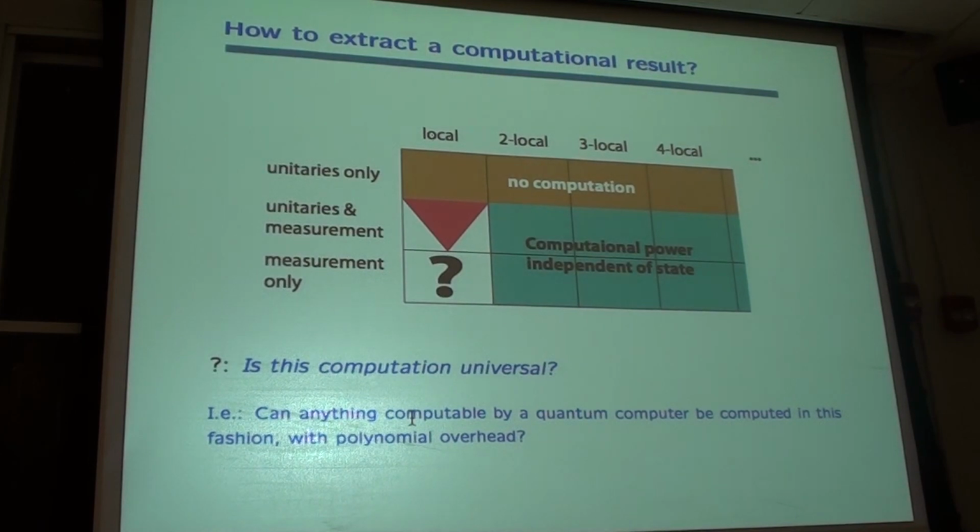Universal in our sense is computationally universal. That's different from universality, say, in statistical mechanics. So what we call universal is that you can compute everything that a quantum computer can possibly compute. Of that size, yes.